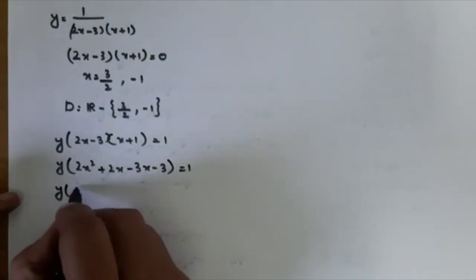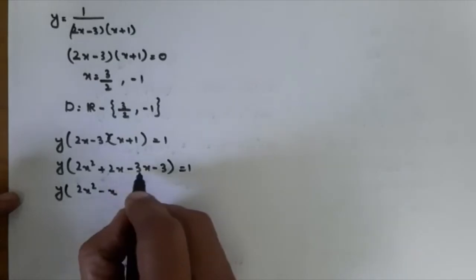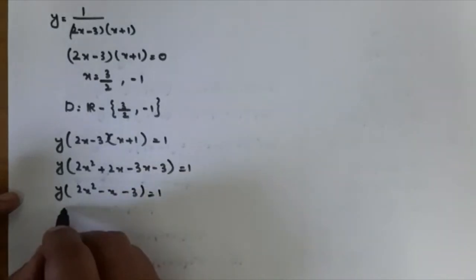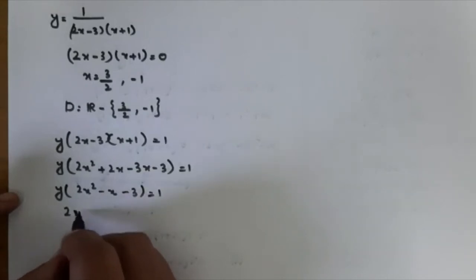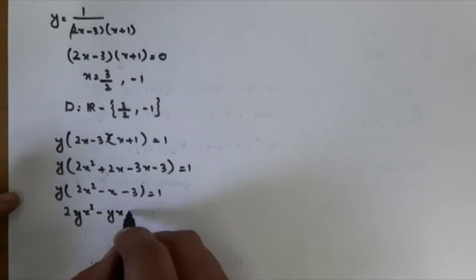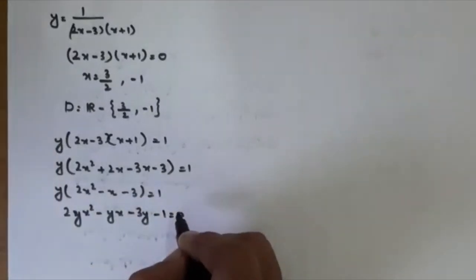That is y into (2x square minus x minus 3) equal to 1. That is 2y x square minus yx minus 3y minus 1 equal to 0.